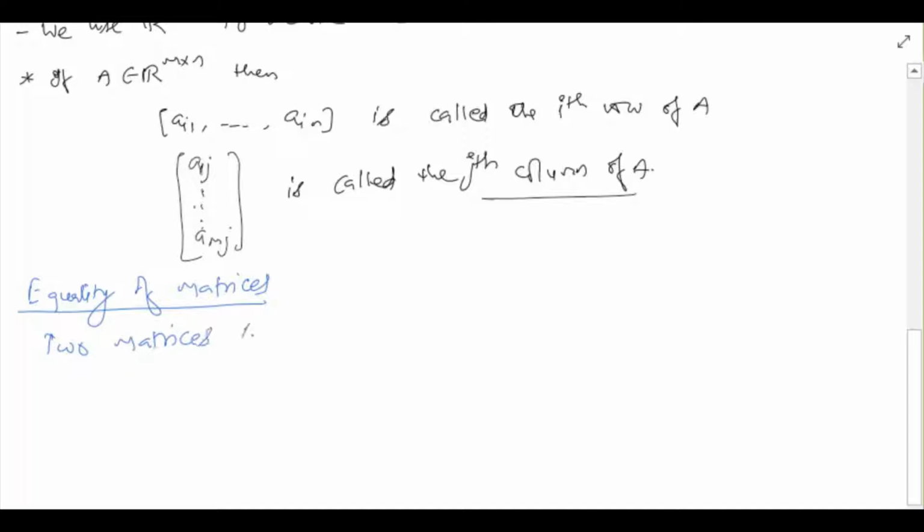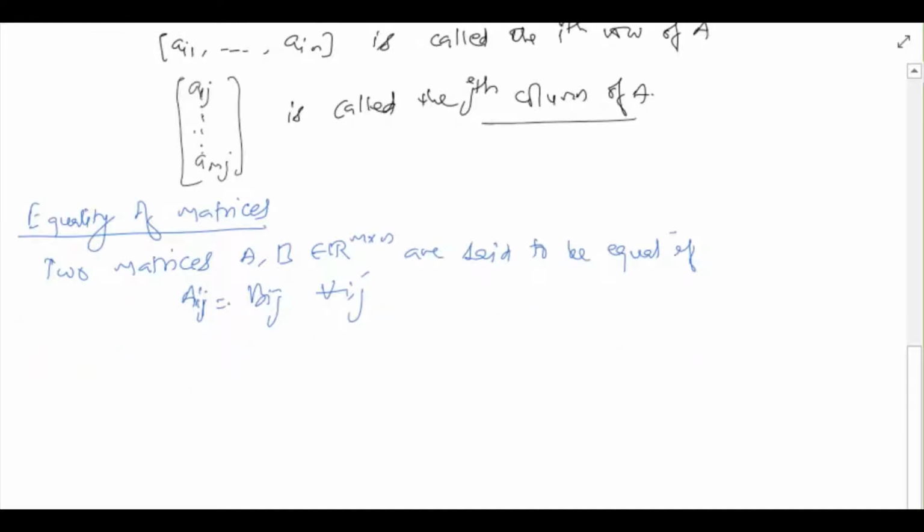So what I mean is that two matrices A, B, both m cross n, are said to be equal if Aij is equal to Bij for all ij. Here Aij is the entry in the ith row and jth column of A, and similarly Bij is the entry in the ith row and jth column of B.